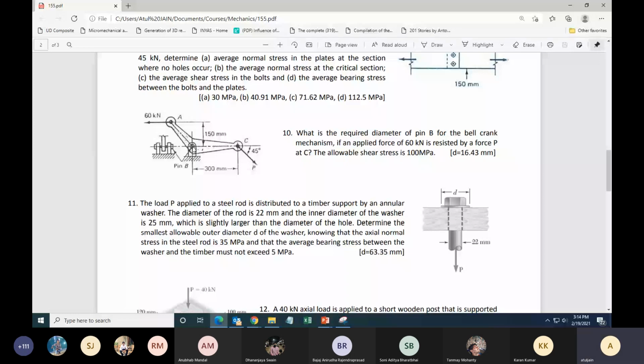What is the value of Bx that everybody is getting? 30 kilonewton. And By? 30 kilonewton. Bx is equal to By is equal to 30, is it? Yes. So what is B? 30 root 2. Based on 30 root 2, can we calculate? Yes, sir. So 1000 is equal to 30 root 2 into 10 to the power 3 by pi r squared. What is the value of r?